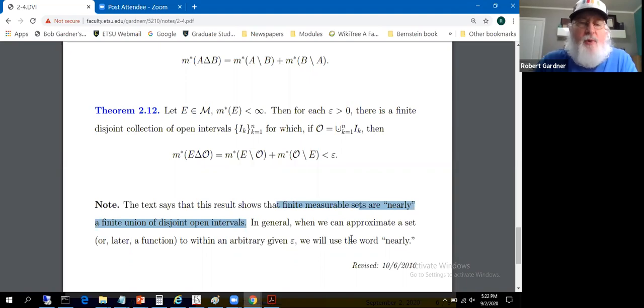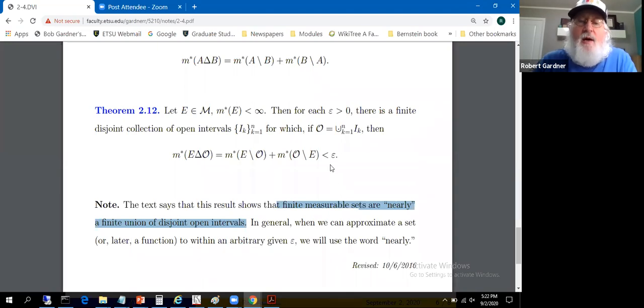In general, when we can approximate a set, later a function, in chapter 4, I think, where we'll talk about measurable functions, when we can approximate something to within an arbitrary amount epsilon, and that will deal with measures of sets, we'll use the word nearly.